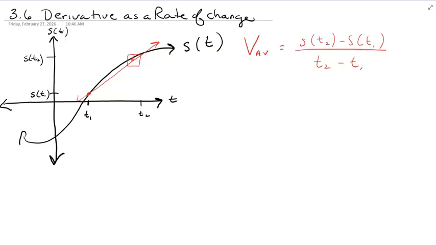Because what we really wanted at that point was the instantaneous velocity at t sub 1. In other words, we needed the slope of the line tangent, not the secant line that goes through t sub 1 and t sub 2, but we wanted the tangent line that was right at t sub 1.